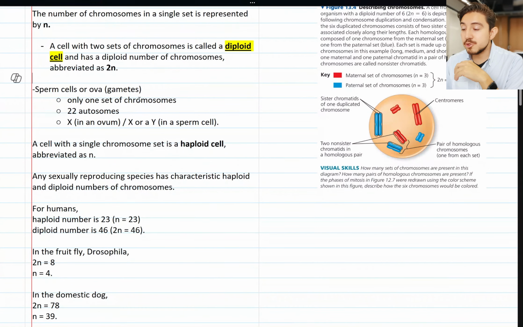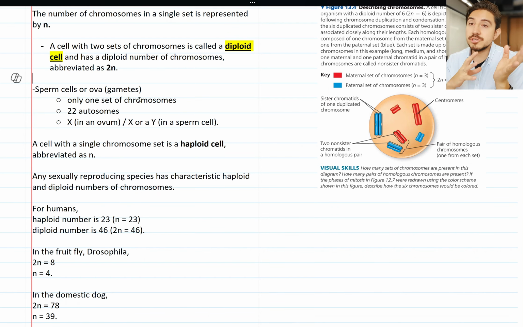But sperm cells and egg cells, or ova, in general, gametes, they only have one set of chromosomes, the 22 autosomes and one sex chromosome. Because they only have one complete set of chromosomes, they're referred to as a haploid cell.